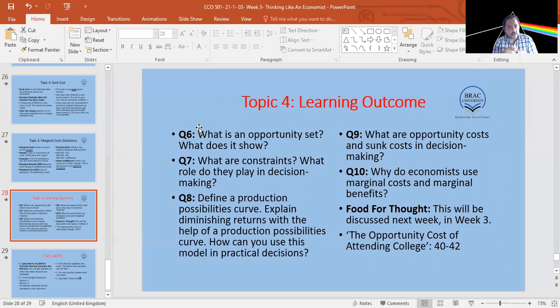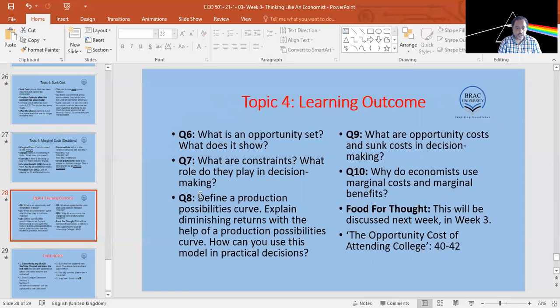If they favorably change, it's an outward shift. If they disfavorably change, it's an inward shift. An outward shift means our opportunity set is improving. We can choose more, given the new environment we find ourselves in. If it's an inward shift, it's a disfavorable shift. So we can choose less, given the new environment we find ourselves in.